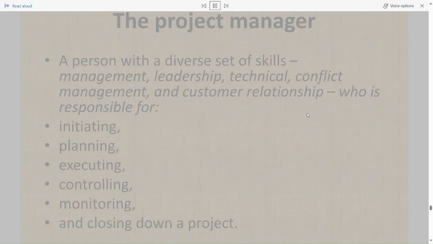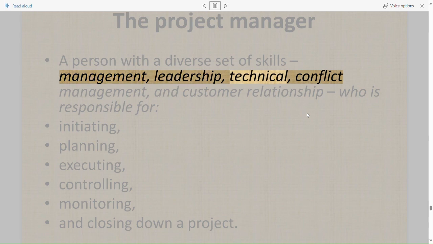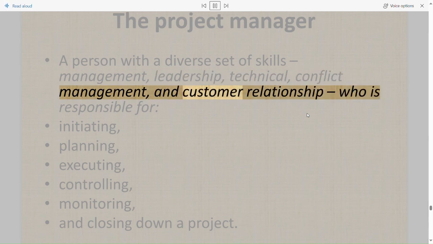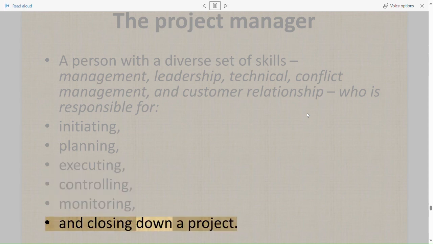The project manager is a person with a diverse set of skills: management, leadership, technical, conflict management, and customer relationship, who is responsible for initiating, planning, executing, controlling, monitoring, and closing down a project.